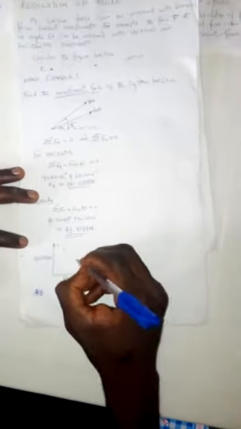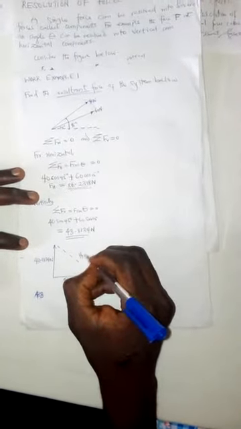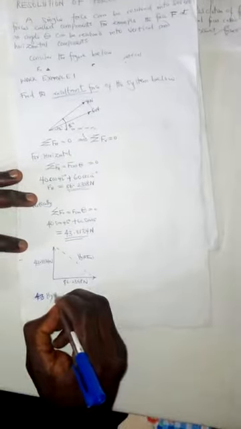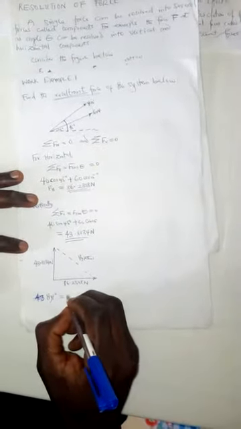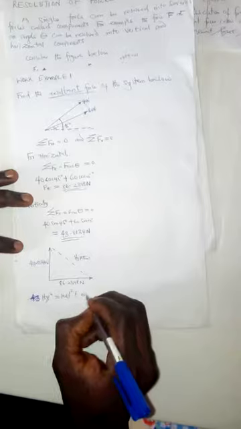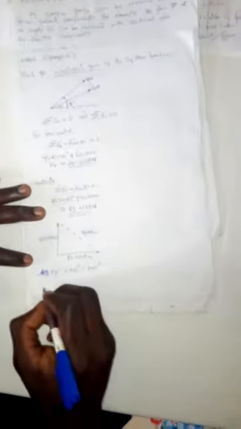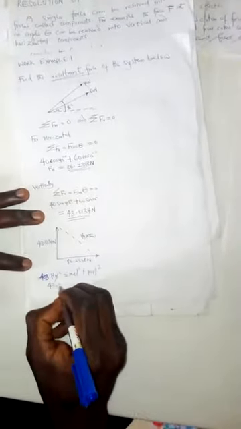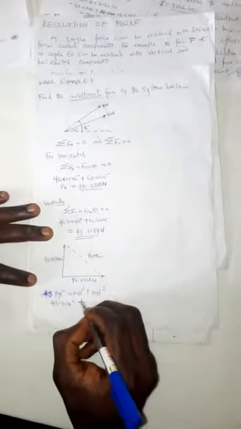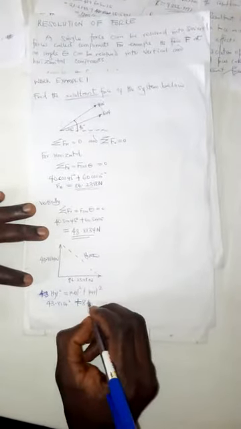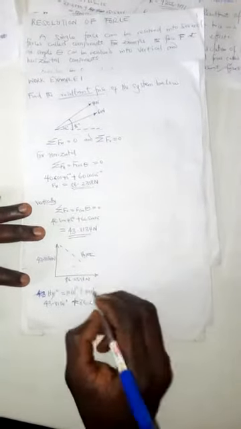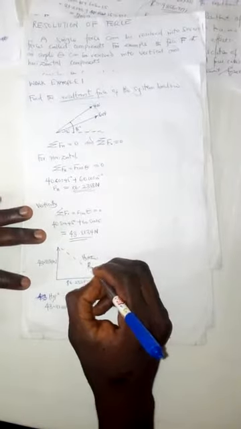This side is going to be your hypotenuse, and the square of the hypotenuse is always equal to the sum of the squares of the two sides, adjacent squared plus opposite squared. So we have 43.8134 squared plus 86.2398 squared equals the hypotenuse, which we call the resultant, R squared.